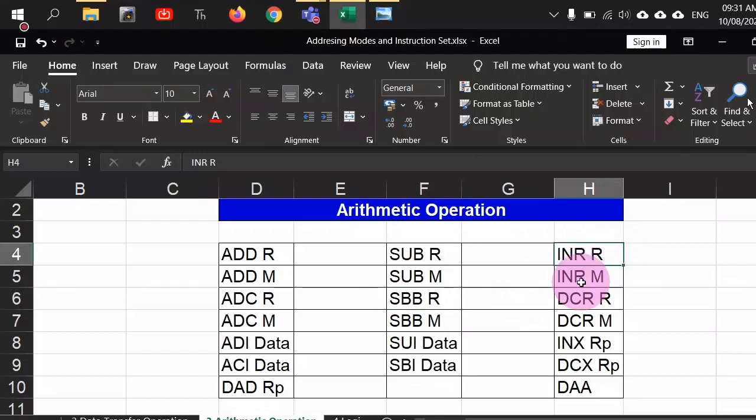R, DCR-M. For 16-bit calculations, you have got INX-RP, DCX-RP, and this is another command which is called decimal adjust the accumulator. Whatever result you see in the accumulator register is in hexadecimal format. But there is another format which is known as decimal format, or if you take a 4-bit decimal format, it is called binary coded decimal. Have you all heard about BCD numbers, binary coded decimal numbers?